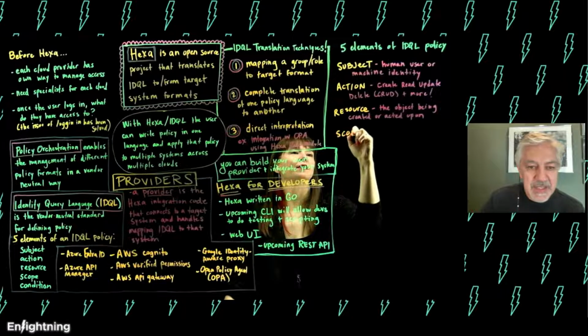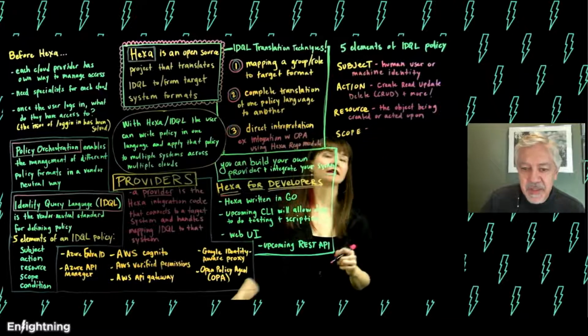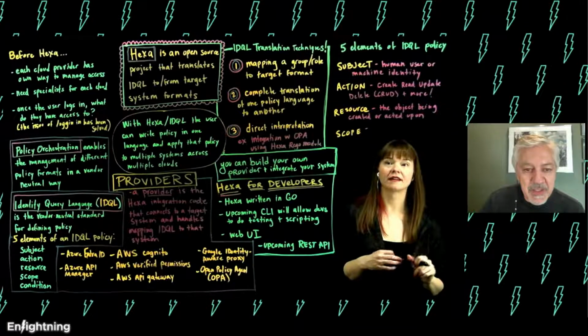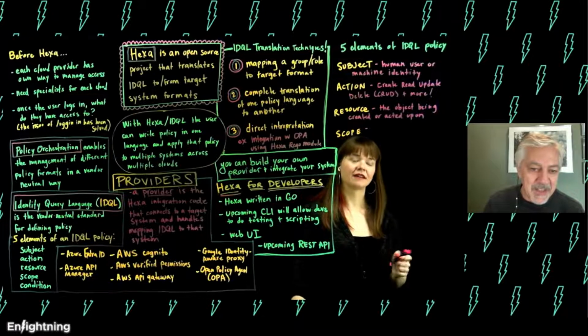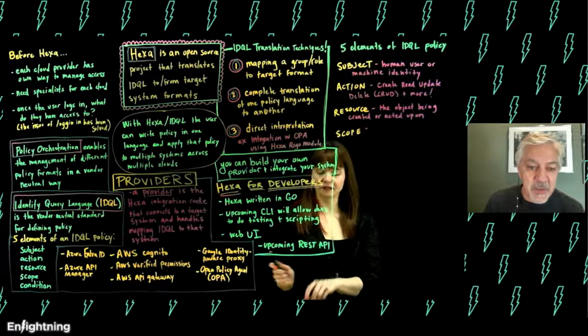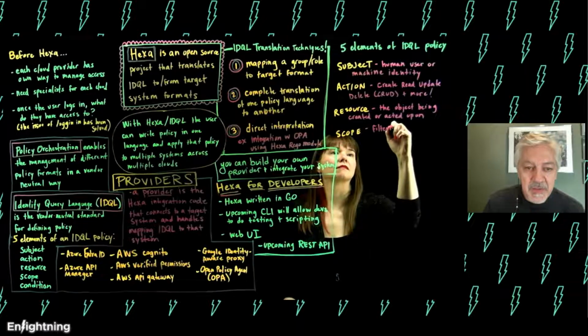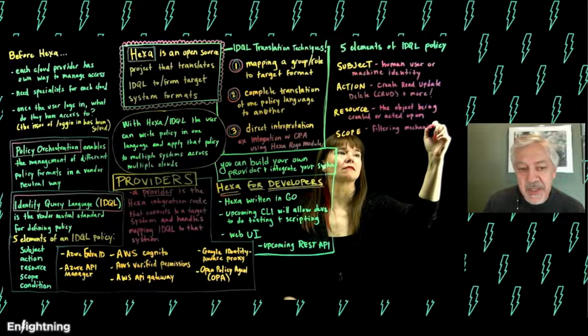Scope. Yeah, scope. I typically use a data analysis example here. So scoping could be, I can see all the records in the database that are in the same region that I manage. Okay. So it's a filtering mechanism to further restrict what data I can act upon or what resource I can act upon.